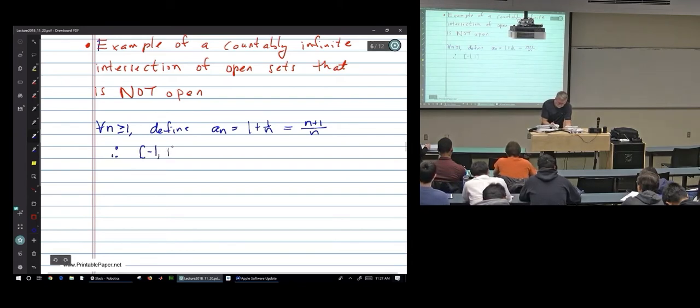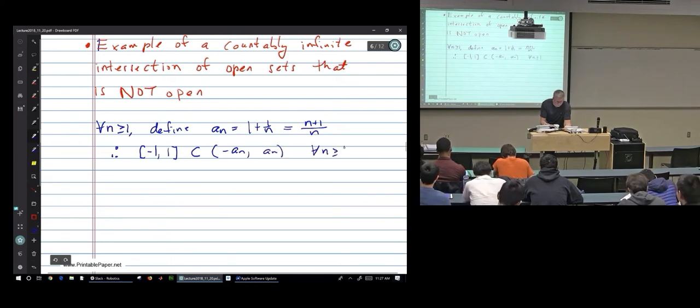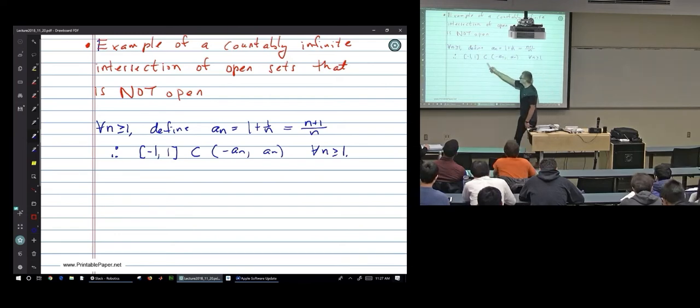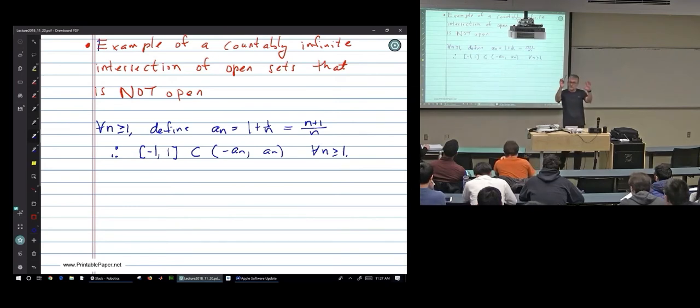The closed set [-1, 1] is contained in (-a_n, a_n) for every n bigger than or equal to 1, because no matter what n is, this is strictly bigger than 1. So even if I put open intervals, this guy is always in there, and this guy is always in there. You see how those things fit? Everybody's good with that? Okay.